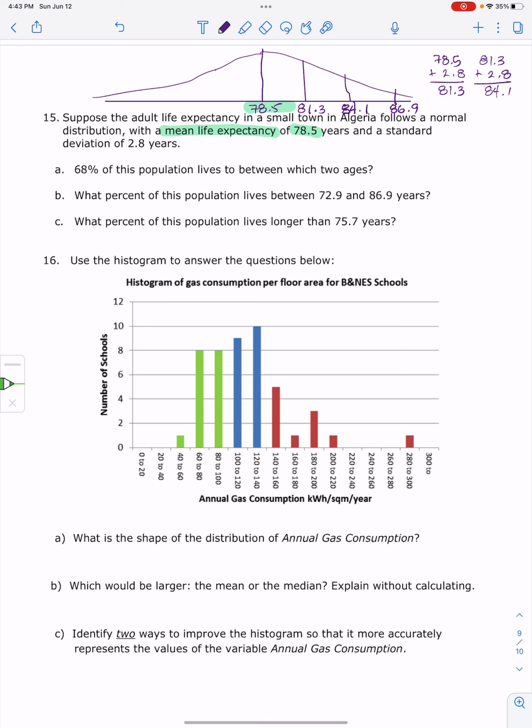To go the other way, below that mean, I got 78.5 minus 2.8, which gives me a 75.7. That is just not legible.